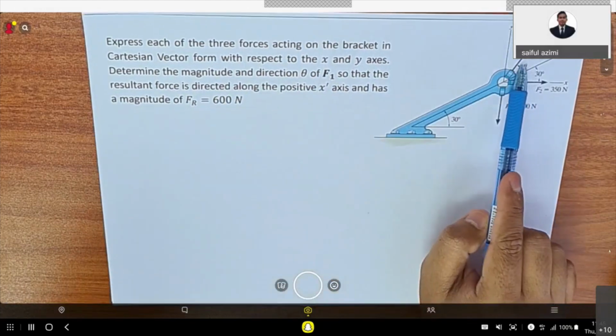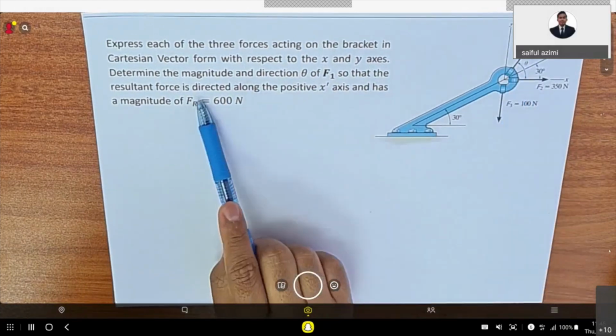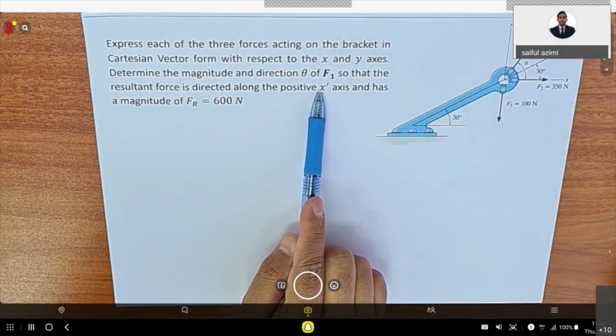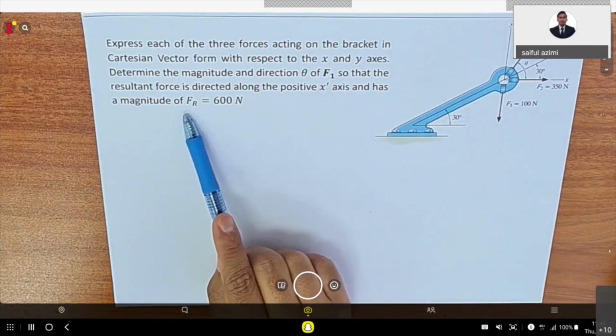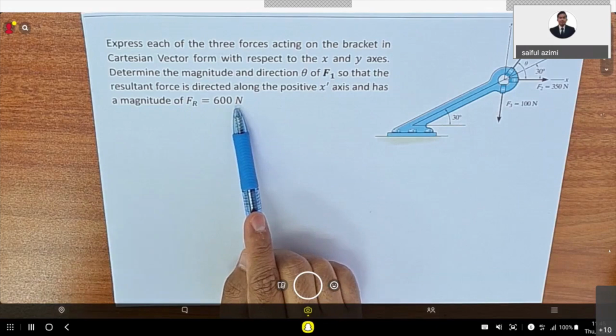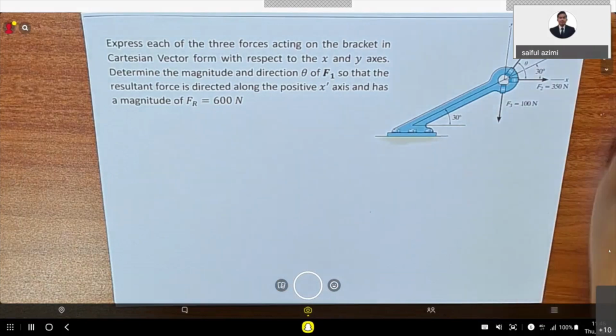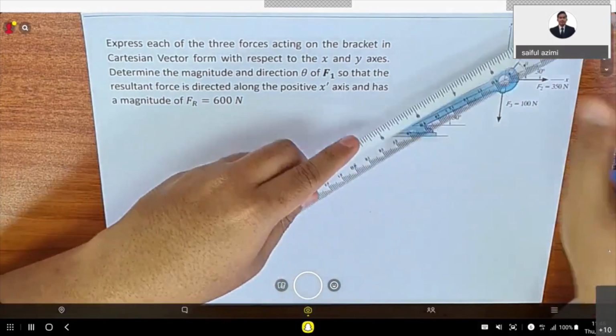So this is F1. The resultant force is directed along the positive x prime axis and has a magnitude of 600 Newton. So for this example, the value and direction of the resultant force are already given.